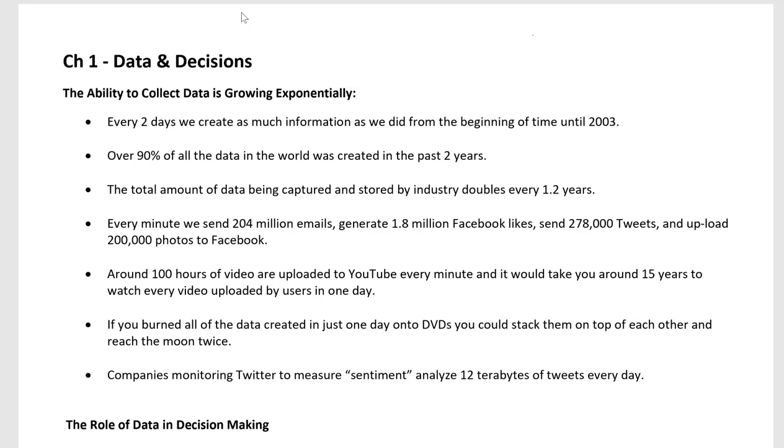But how is the data collected? For example, every time you make an online purchase, you can think that they collect information about how much money you spent on this purchase, right?